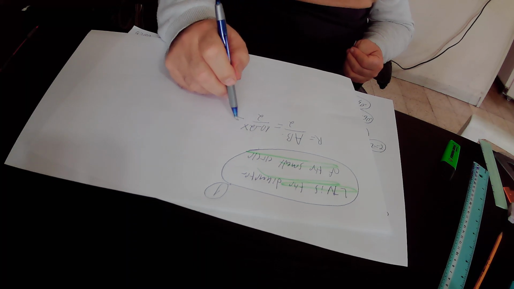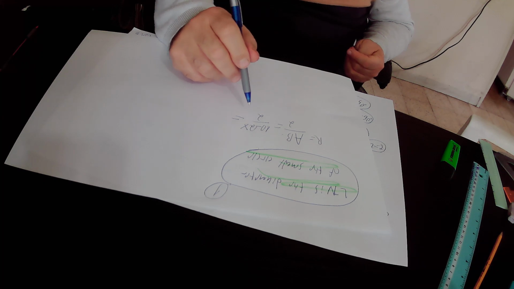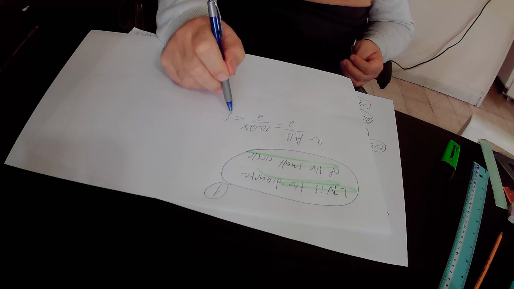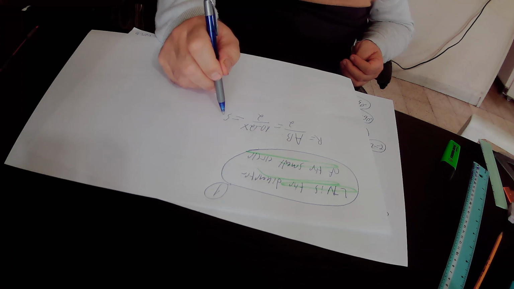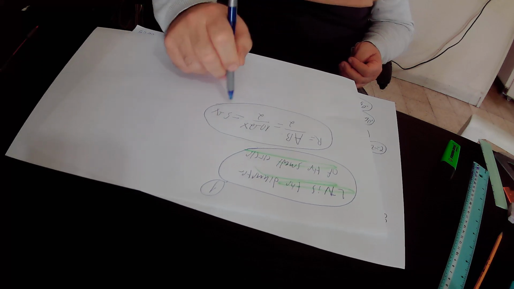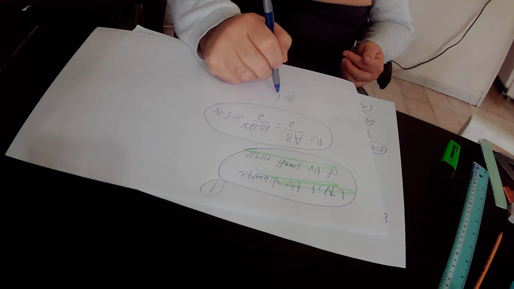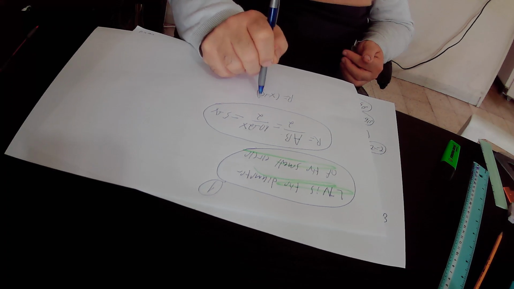So the radius capital R equals 10 plus 2x over 2. 10 over 2 is 5, 2x over 2 is x. So in total, we found out that the radius of the big semicircle capital R equals x plus 5 units in its length.